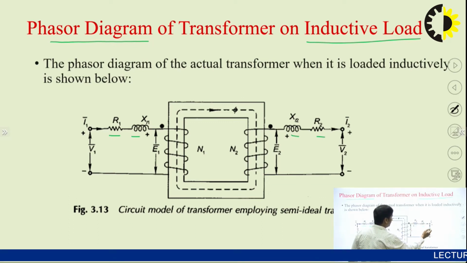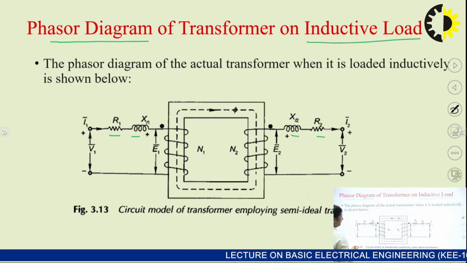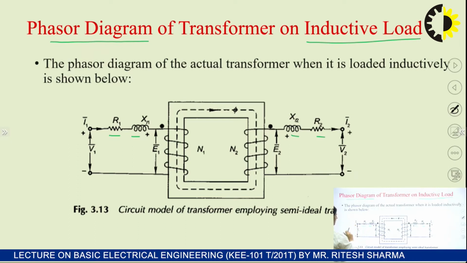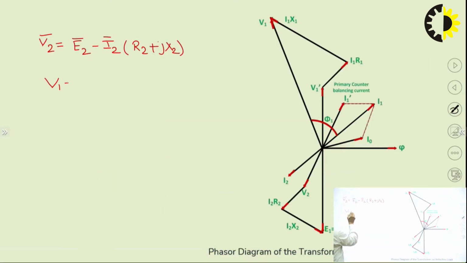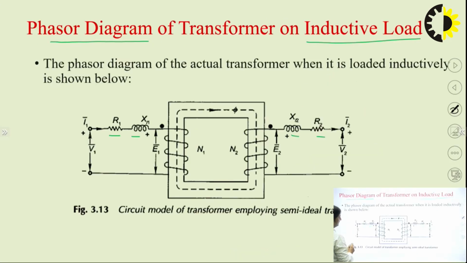That is on the secondary side. Now come to the primary side. We know that V1 will be equal to, if you see, E1 is nothing but the induced EMF, which is almost opposite to that of E1.